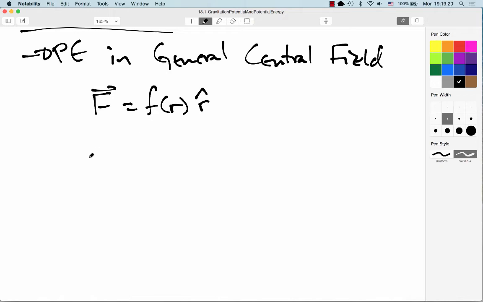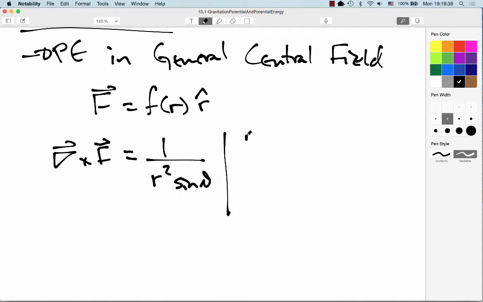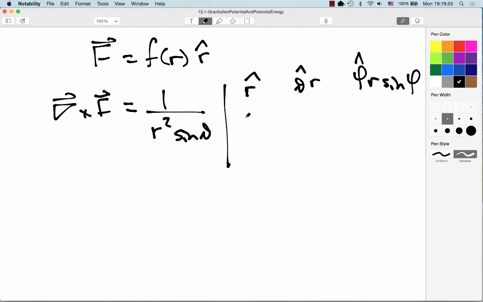So we want to see first, is a general central field conservative? So to do that, we would need to take the curl of F and see if it's 0. So we're going to do this in spherical coordinates. That's the natural choice. So it'll be 1 over r squared sine theta. So then we have r hat, theta hat r, phi hat r sine theta. It's not as easy a mnemonic when it's in spherical coordinates, but see the appendix in the back of your book.